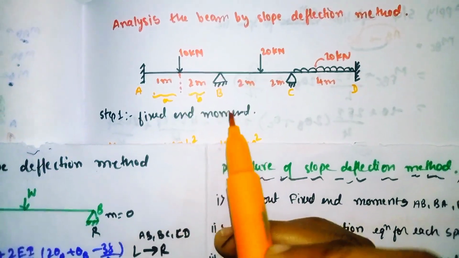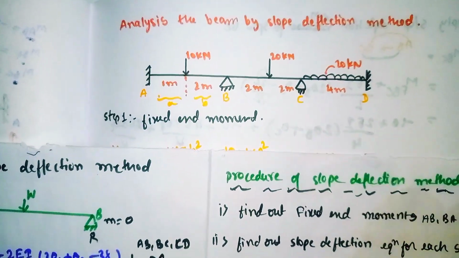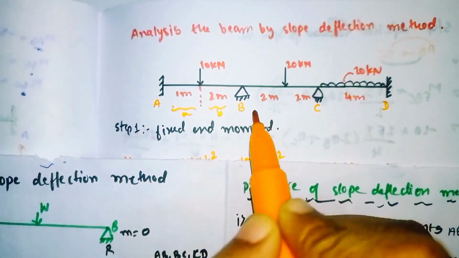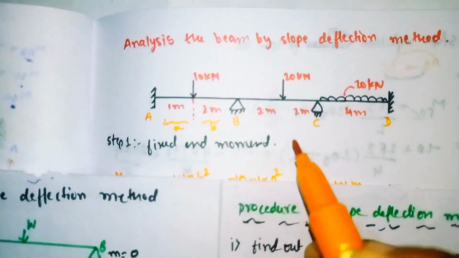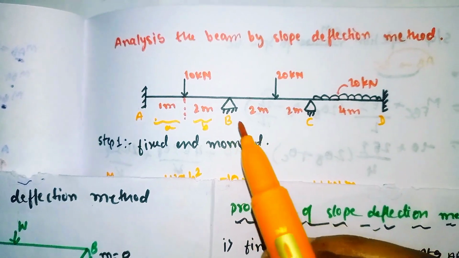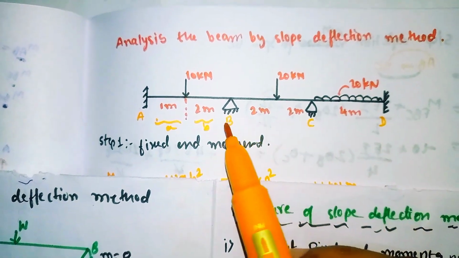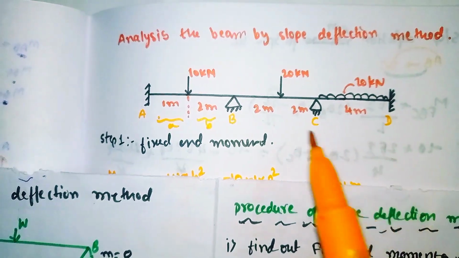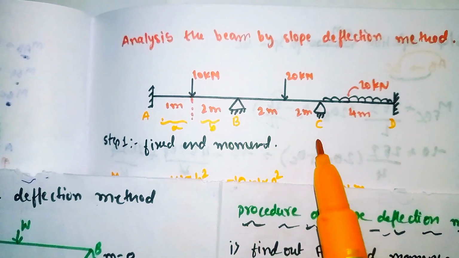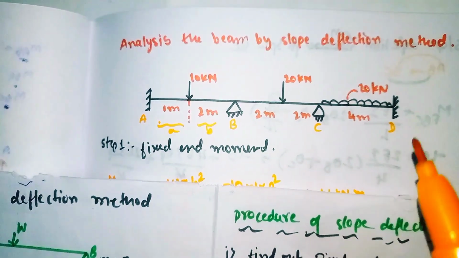Then we take the 3 points B, C, D. For BCD we have the equilibrium equation CB plus CD is equal to 0.